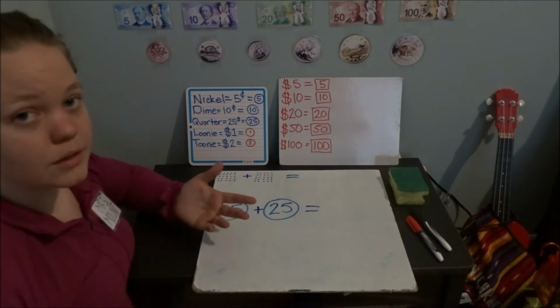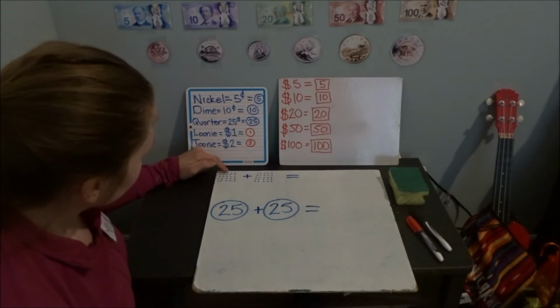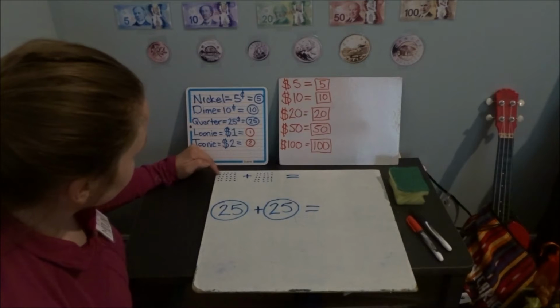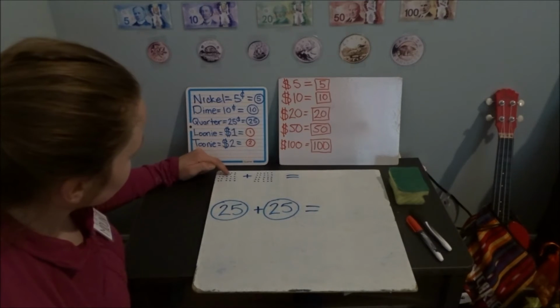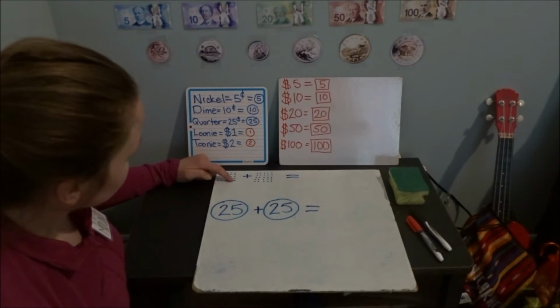So what does that equal? Let's count it out. 1, 2, 3, up to 25.